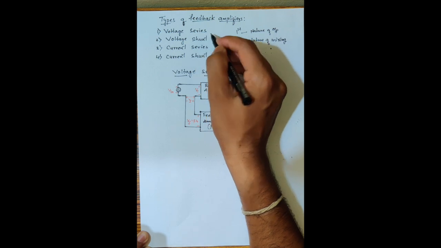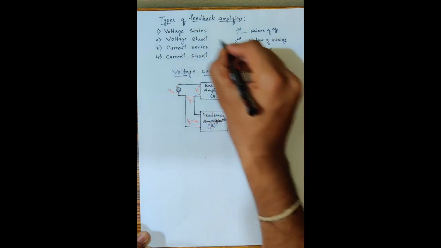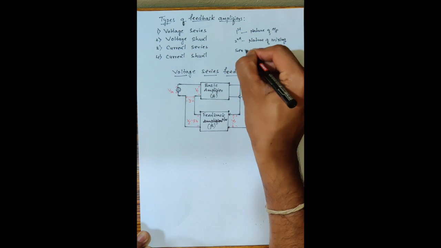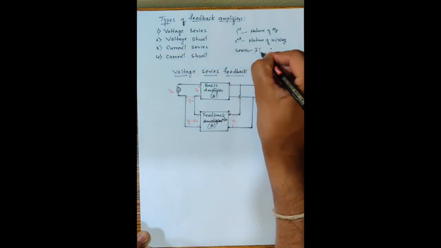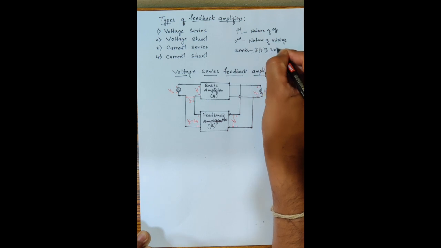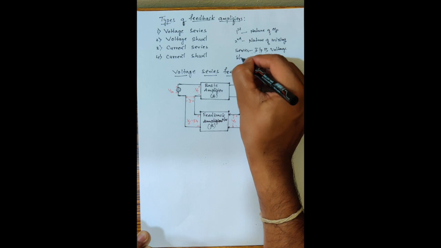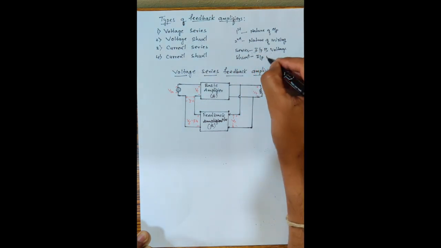And also we should remember here that if the nature of mixing is series, it means the input is voltage, and if it is parallel or shunt, it means the input will be current.